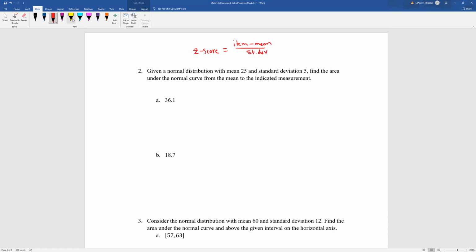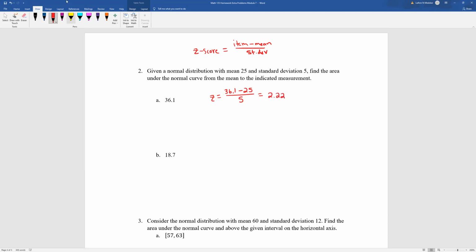Okay. So if we're trying to find the area under the curve, and you'll need either your calculator or that chart, you take the item, 36.1, minus 25, which is the mean, divided by the standard deviation. When I work that out, I get 2.22.